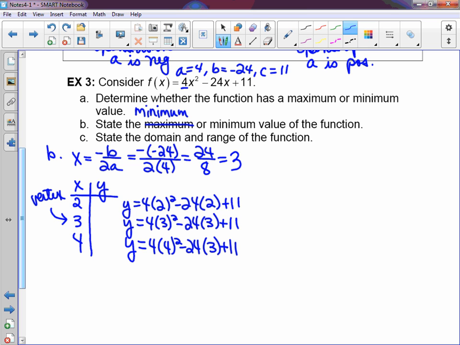Okay, I did that. That should be right there.